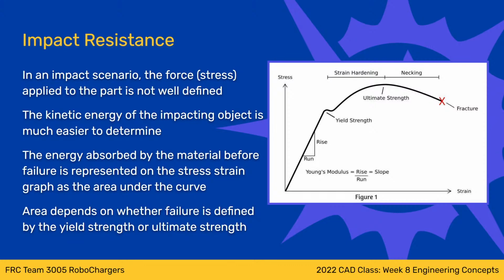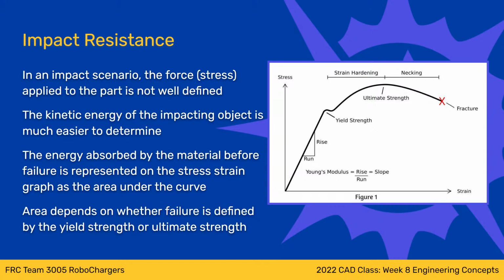And when we're talking about a part, maybe a piece of my robot frame that needs to withstand an impact, it's easier to determine how much energy that part needs to absorb without failing, rather than determining how much force it needs to take.